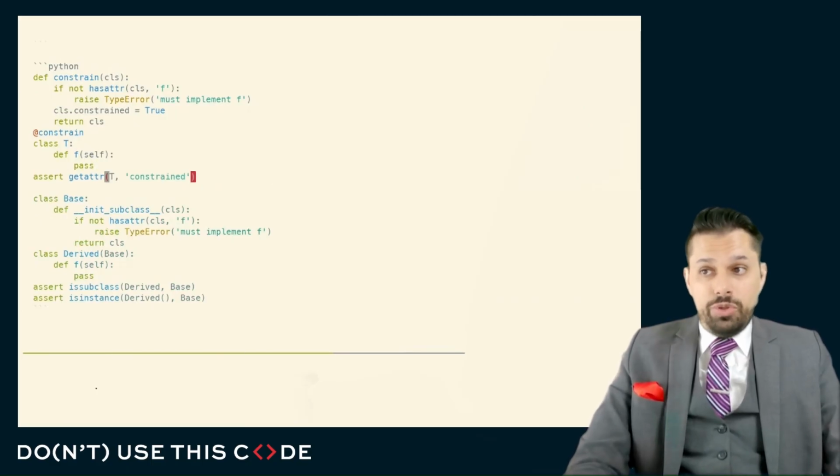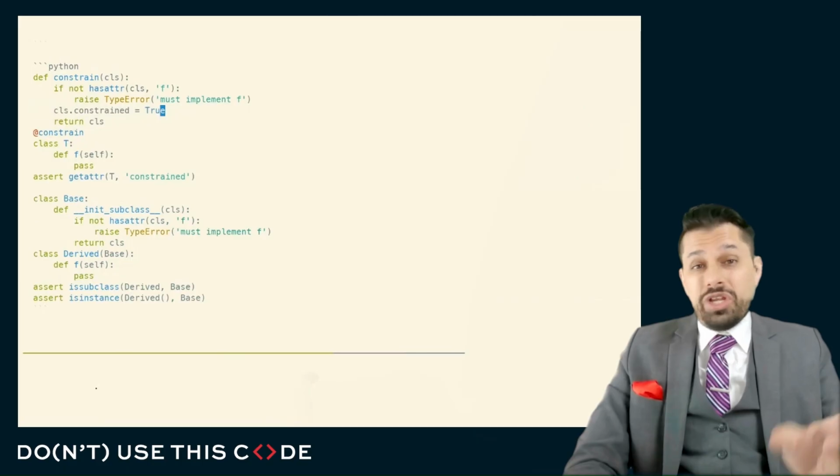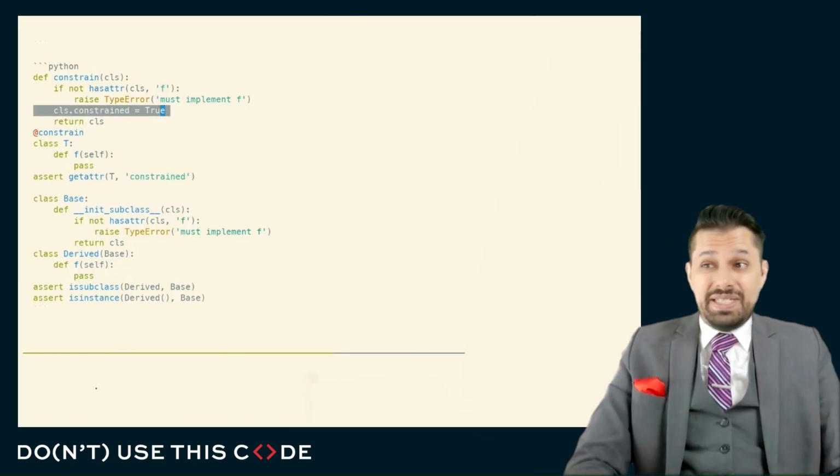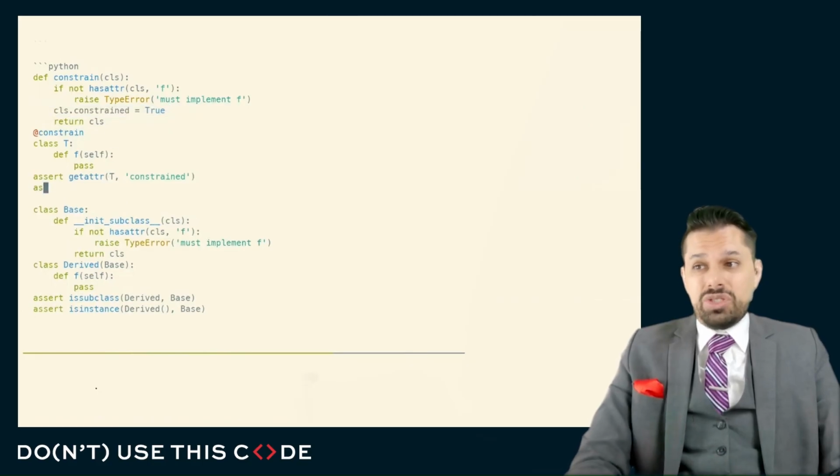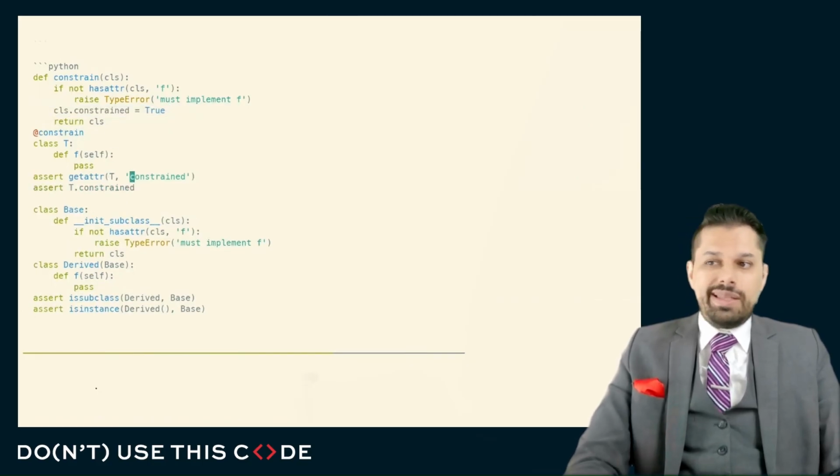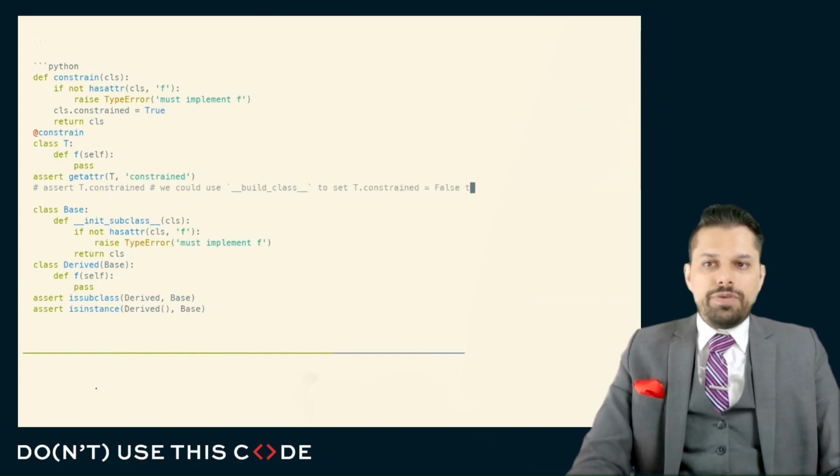So looking for an attribute that we have that's visible on this thing. We could even use build class to set this attribute to false everywhere else. That way we don't have to use getattr. We can just do t.constrained like that. So here we could use build class to set t.constrained equals false by default.